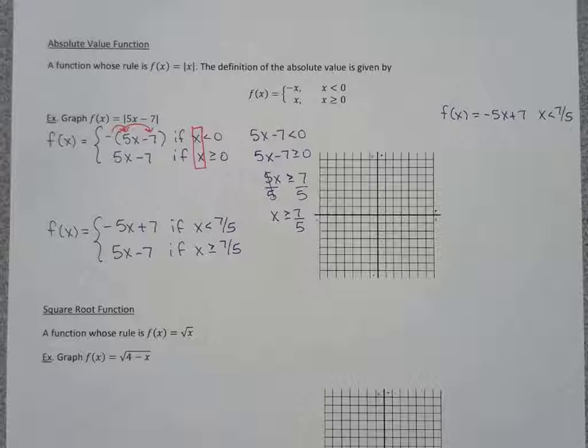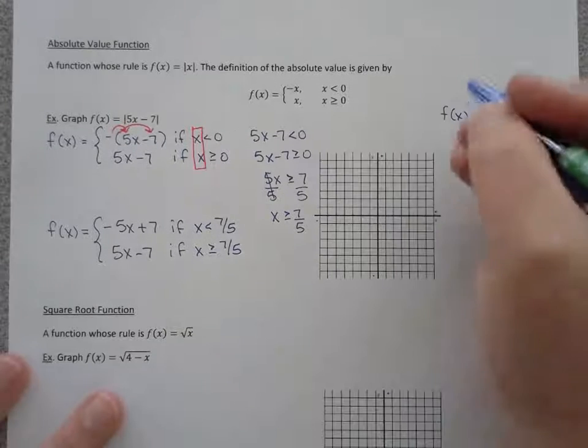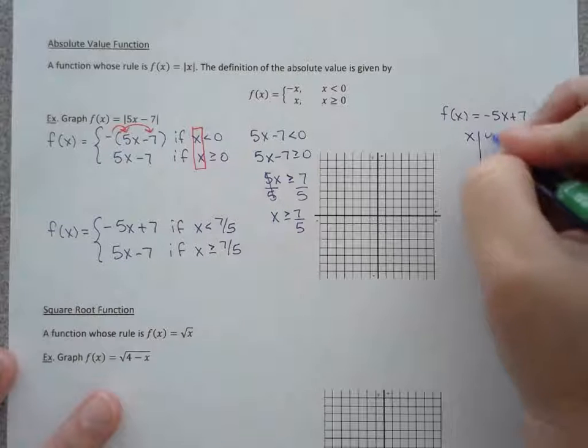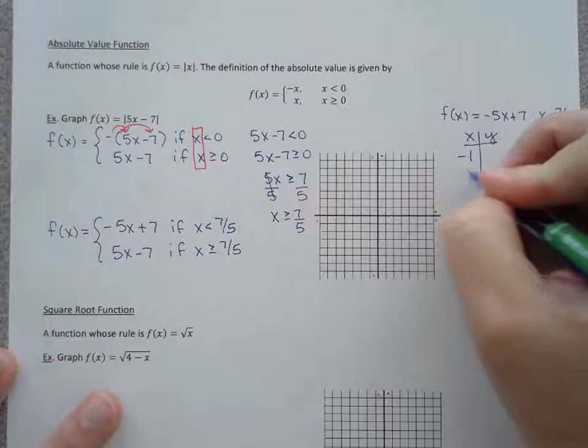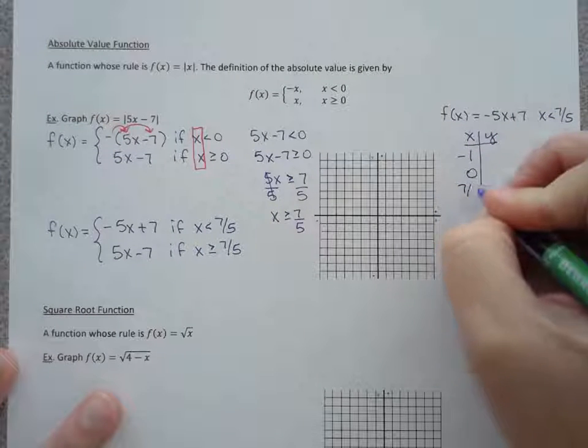But everything's smaller than it. So 7/5 is 1 2/5 to kind of give us perspective. So maybe I want to plug in something smaller. 0 is always easy to plug in. And how about negative 1? So when I choose my values, I'm going to substitute in negative 1, 0, and then 7/5.